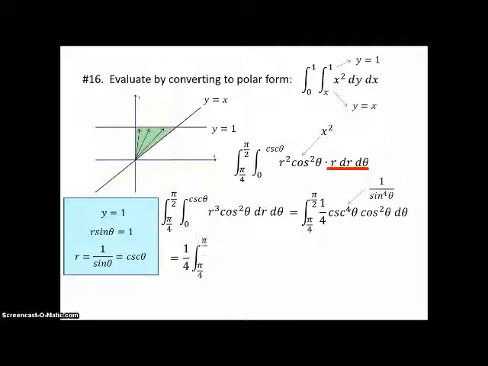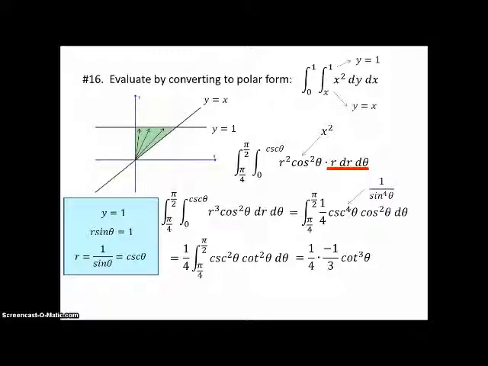To simplify that, we can group one of the sine squareds with cosine squared and get cotangent squared, and then take the other sine squared and make that cosecant squared. Now, there are various ways to do this, but I let u equal cotangent theta in my head, and the derivative of cotangent theta is negative cosecant squared.